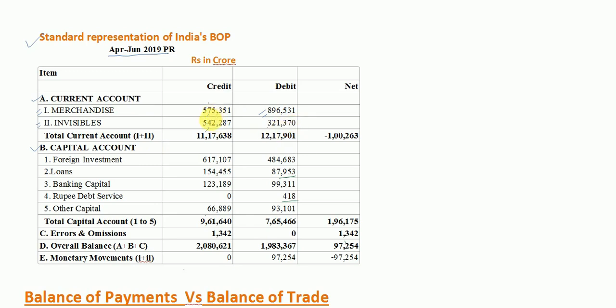If we see the total current account, then India has a credit. That means India receives 11,17,638 crore rupees from foreign by transaction of merchandise and invisibles. On the other hand, India has to pay to the foreign countries 12,17,901 crore.